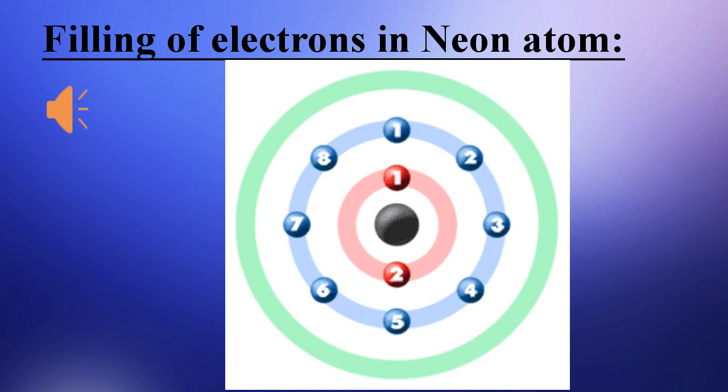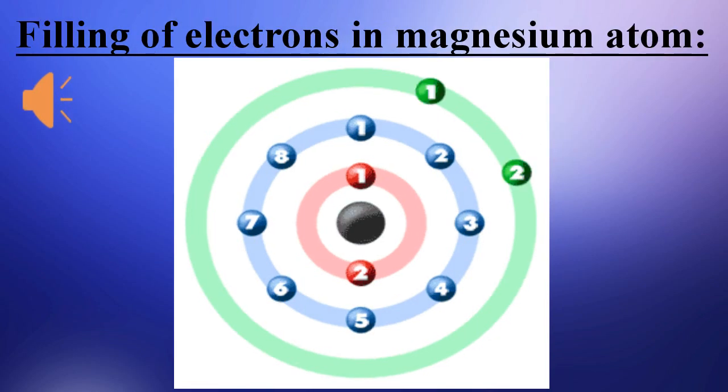Dear students, let us take another example, the neon atom. Neon has atomic number 10 and contains 10 electrons which are arranged around the nucleus in such a way that 2 out of 10 electrons are filled in the first shell, and the remaining 8 electrons are filled in the second shell.